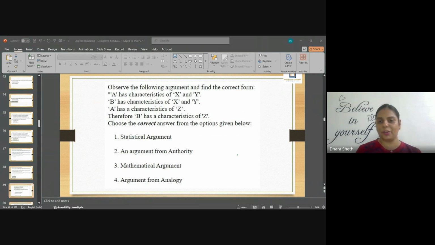Observe the following argument and find the correct form. A has characteristics of X and Y. B has characteristics of X and Y. A has characteristics of Z. Therefore, B has characteristics of Z. What kind of argument is this? Statistical, argument from authority, mathematical argument, or argument from analogy?